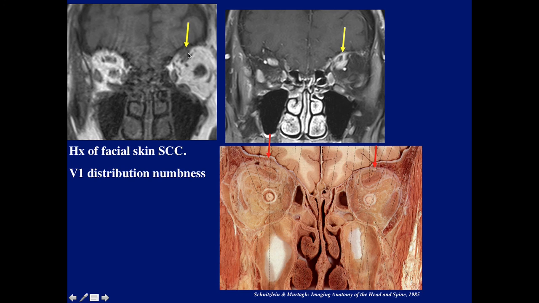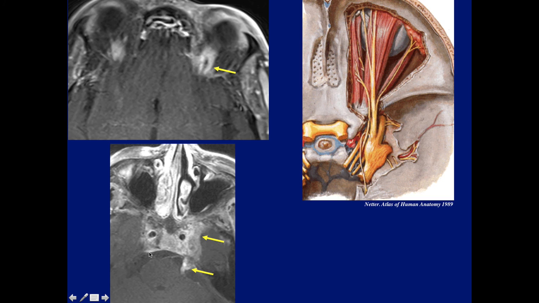Here we see a mass in the region of the frontal nerve. Here it is, enhancing. This patient had a facial skin squamous cell carcinoma, and presented about a year later with V1 distribution numbness. And what has happened here? First of all, the supraorbital nerve is involved, enlarged.